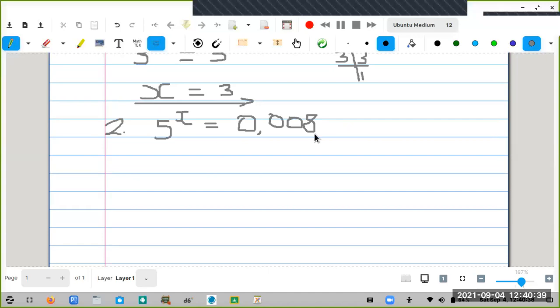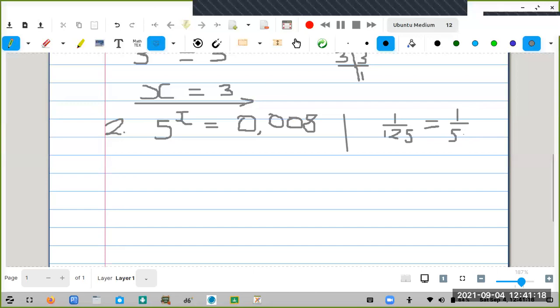Now, if you note, this is a decimal number, so 0.008 is the same as, changing it into a fraction, 1 over 125. Then 1 over 125 is the same as 1 over 5 to exponent 3.